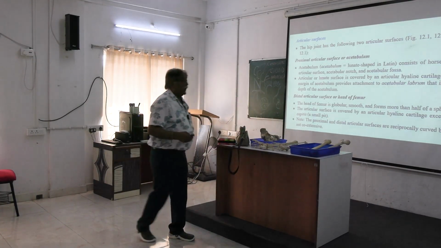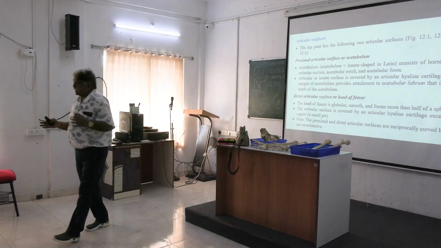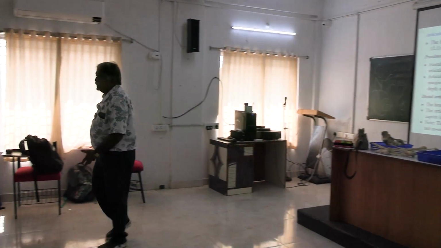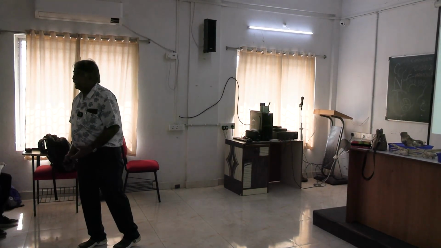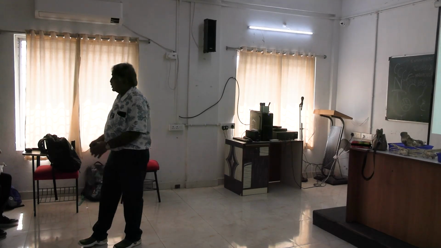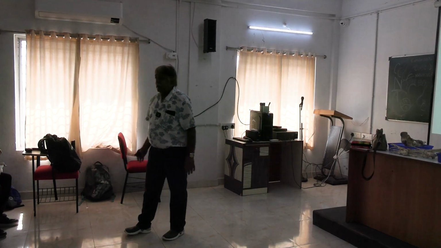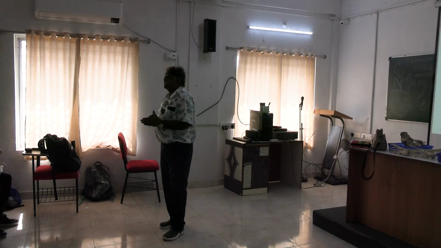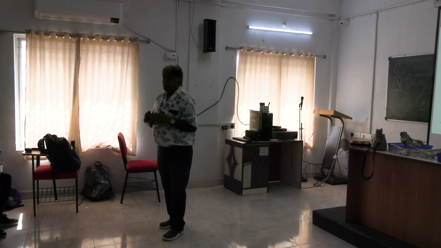I had shown you in the previous 3 classes, when I was discussing the upper end of the tibia and the fibula at the knee joint, I also described the femur and told you the articular surfaces, how it acts, and the movements.